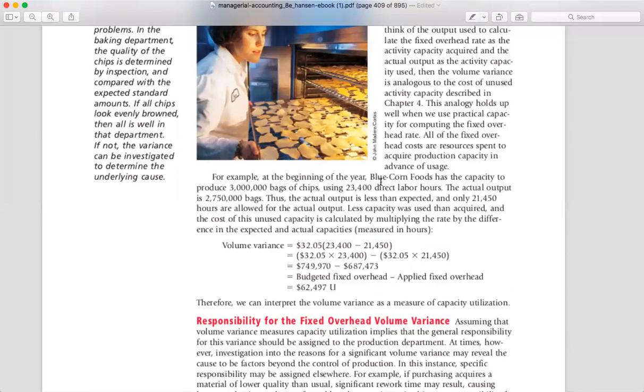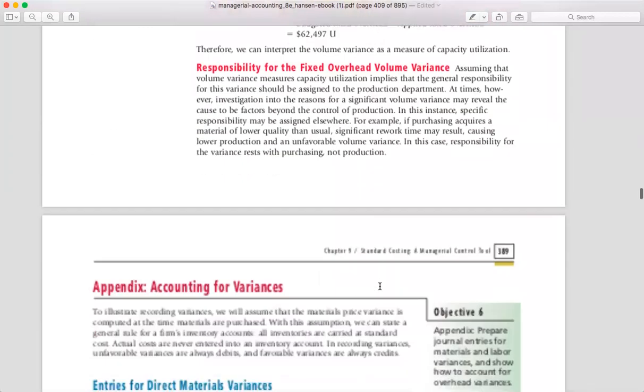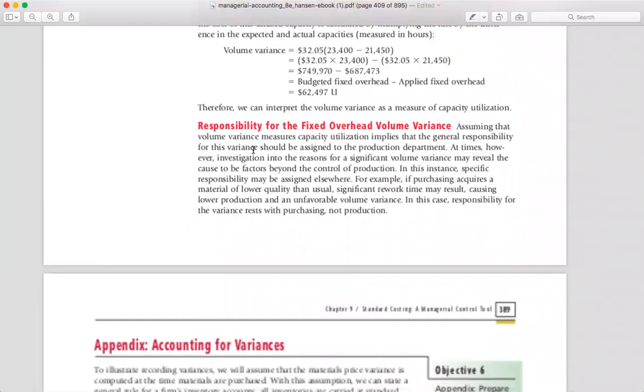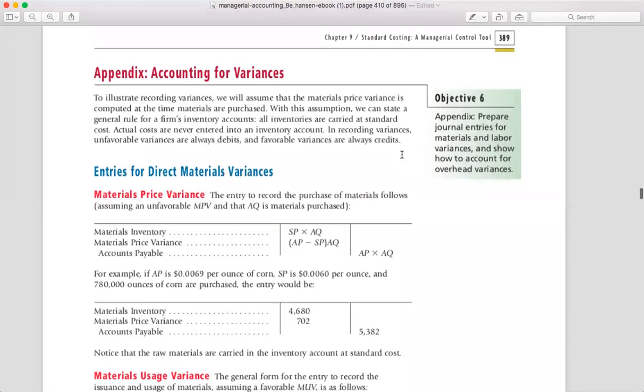Blue account has a capacity of 3 million bags of chips, using 23,400 labor hours. This amount is the actual output. So responsible for the fixed one, its measure of capacity implies the general responsibility has been assigned to the production department.